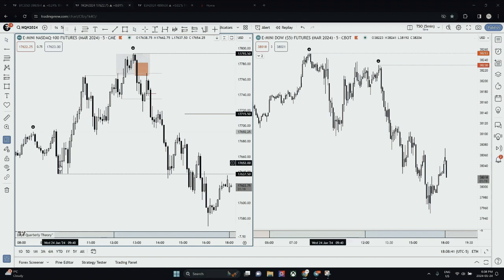The low that formed after this high, right here, is where you would begin to measure your premium and discount. So this would become discount.